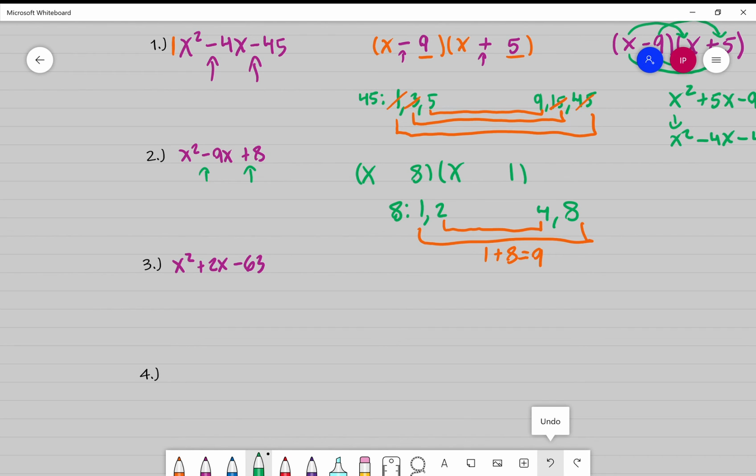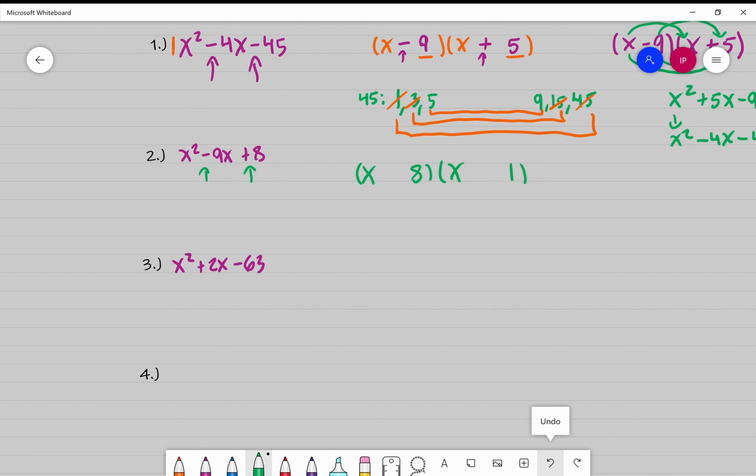Alright, to save some room, I'm going to erase this real quick. Okay, there we go. Now, the last step is just figuring out where the signs are.